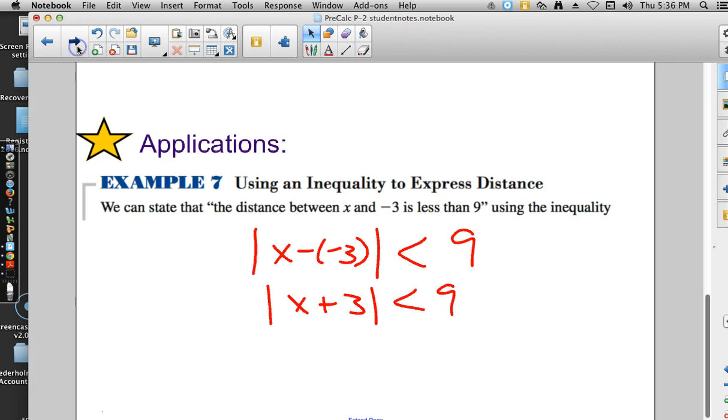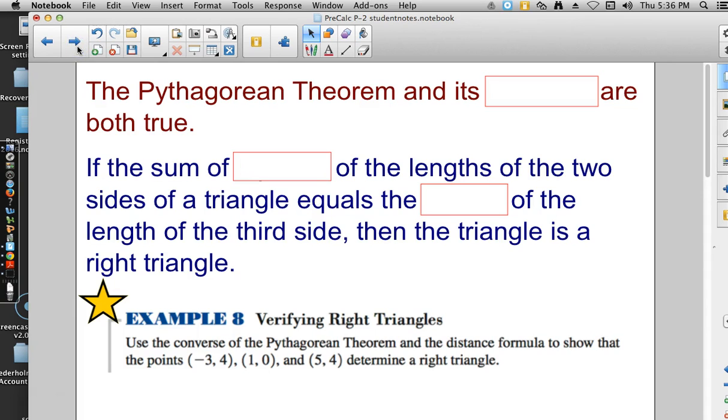Now, what else? The Pythagorean theorem and its converse are both true. The Pythagorean theorem tells us that in any right triangle, the sum of the squares of the two sides equals the square of the hypotenuse. The converse says, if you do the math and the two sides, when you square them and add them together, they add up to the hypotenuse squared, you've got yourself a right triangle.